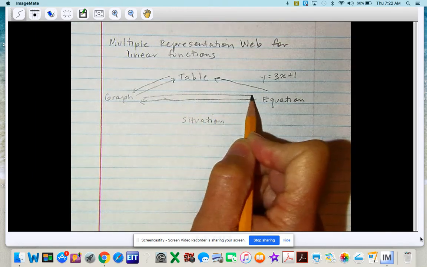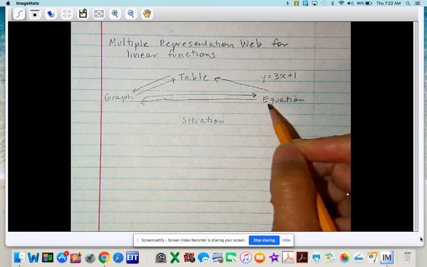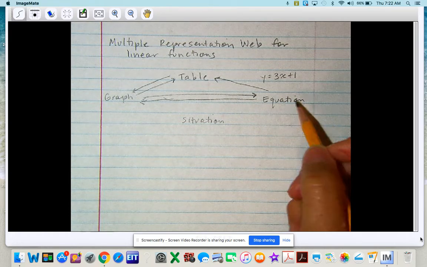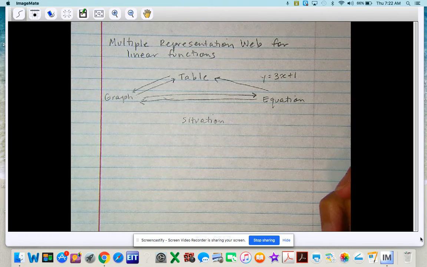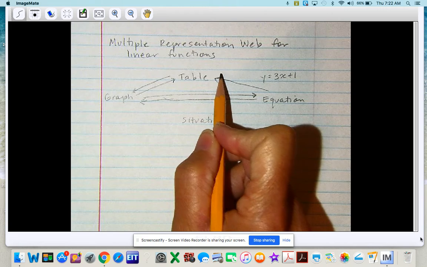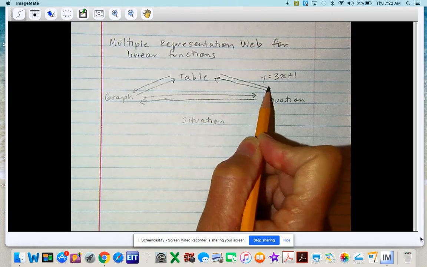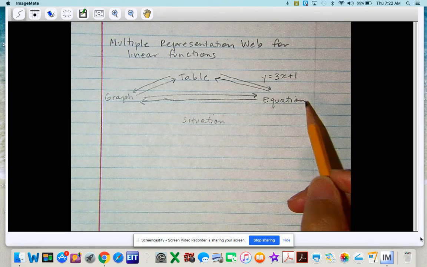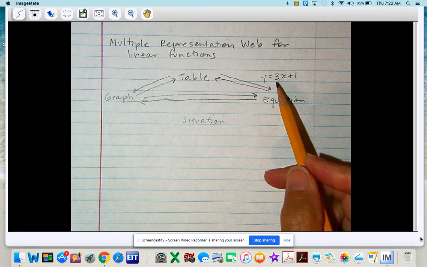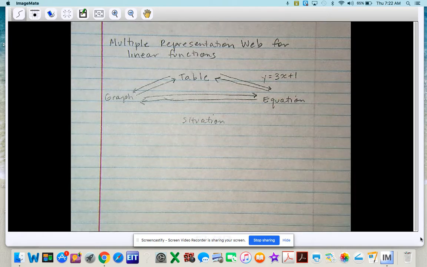We did a little bit of practice on that in the last lesson, where you had to find the slope and the y-intercept and put it in equation form. Okay, so given a table of values, could you come up with the equation that goes with it? Could you find the y-intercept from the table and then generate the slope by thinking about the change in y versus the change in x?